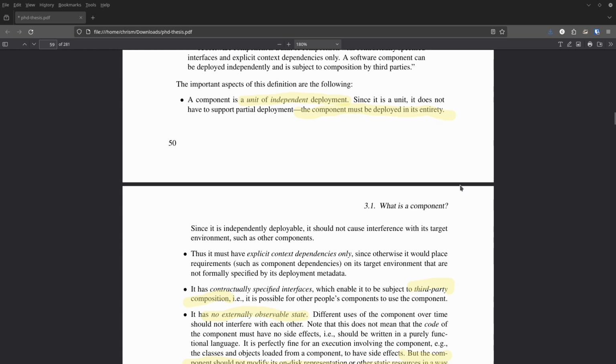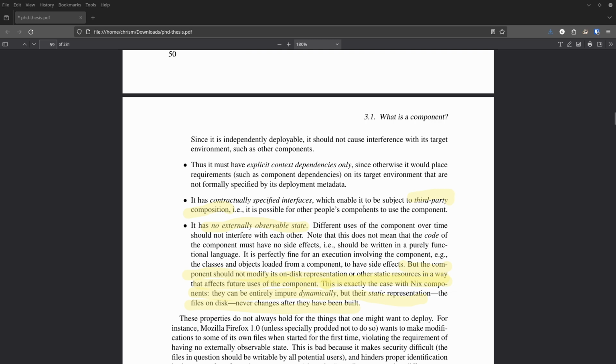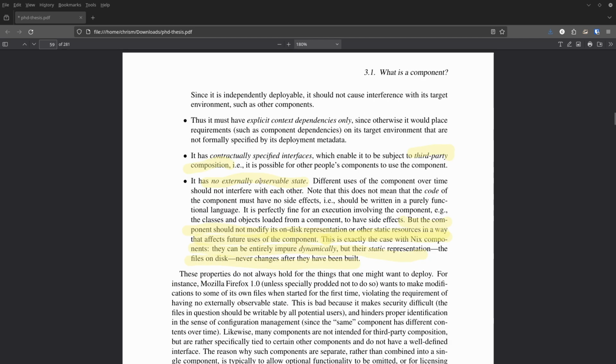A component must be deployed in its entirety. It must have explicit dependencies only. It has contractually specified interfaces, which are subject to third-party composition, so you need to be able to describe to someone how to use it. It has no externally observable state. It's fine for the component itself to change external state, but the component should not modify itself.